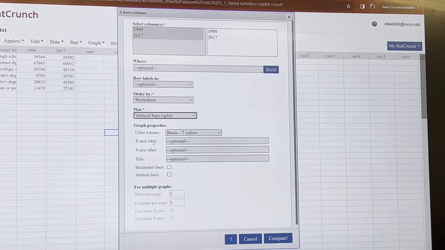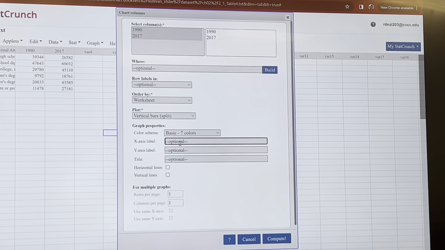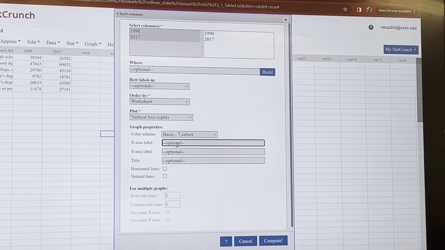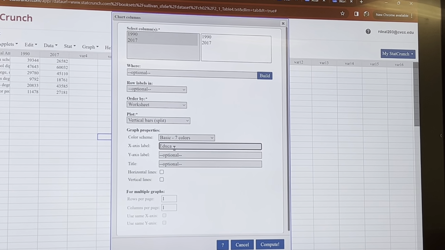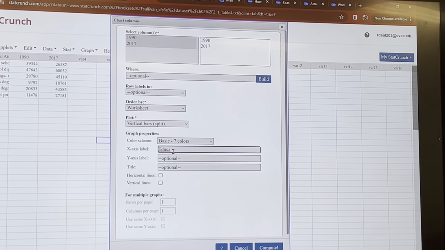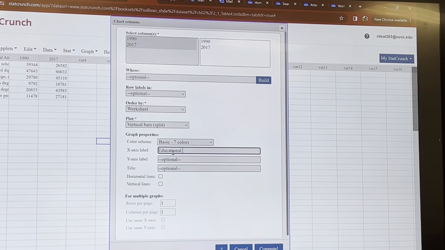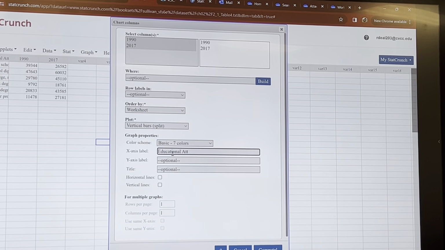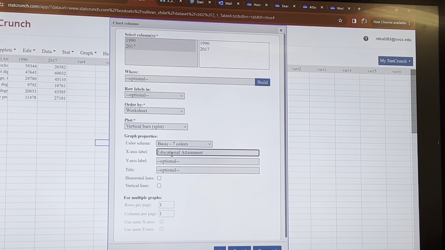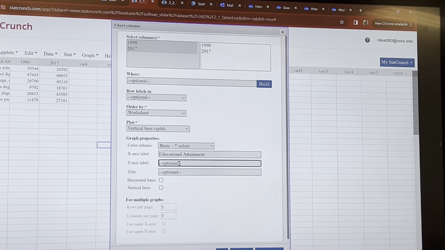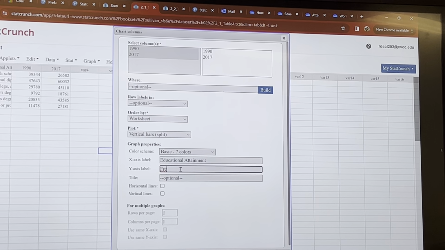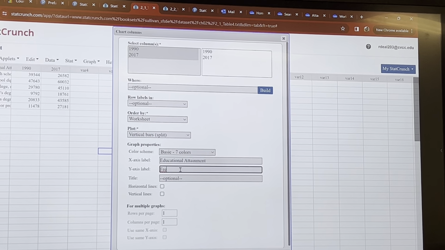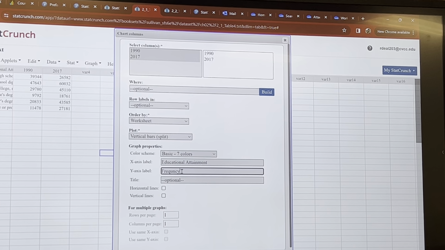Vertical bars split. On the x-axis, this is the educational attainment. On the y-axis, we're going to put in there the frequency.